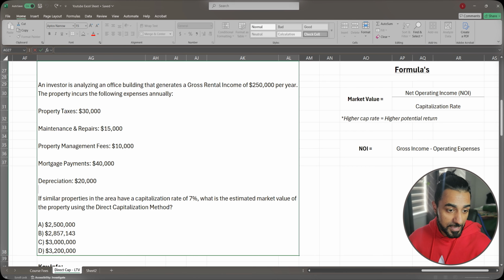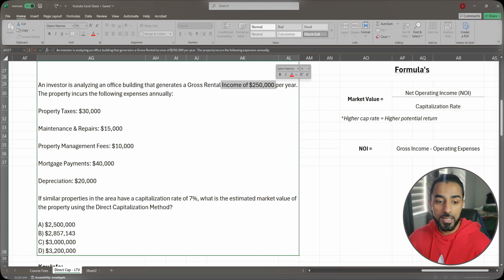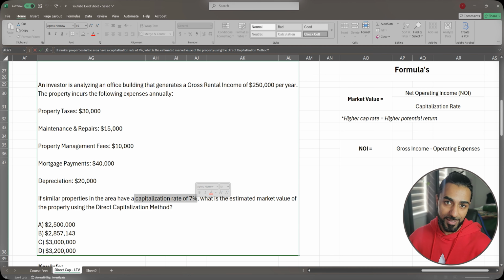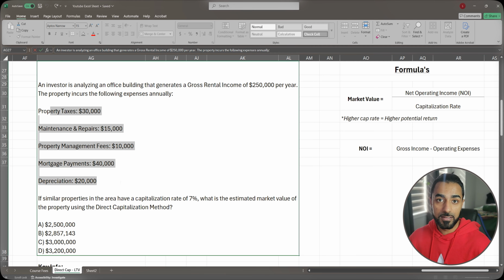The question is, if similar properties in the area have a capitalization rate of 7%, what is the estimated market value of the property using the direct capitalization method? Okay, so normally what we would do is we take the income, 250, and we divide it by the cap rate, right? Wrong. So here we have a gross rental income and we have expenses.